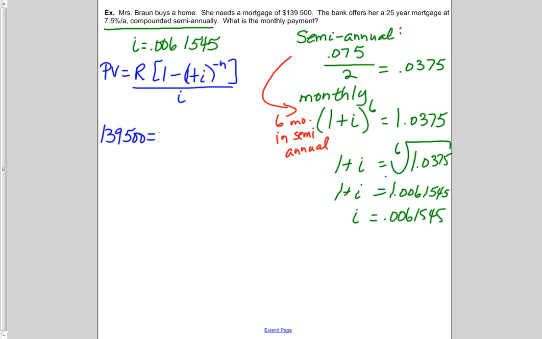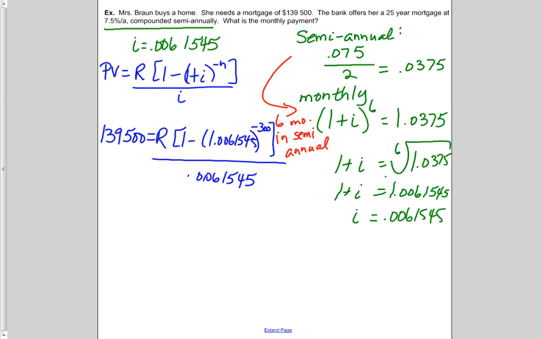I want to know my regular monthly payment. 1.006155 to the negative 25 years monthly is 300 payments. It's kind of depressing, really. Divided by 0.006155. My monthly payment will be approximately $1,020.52.